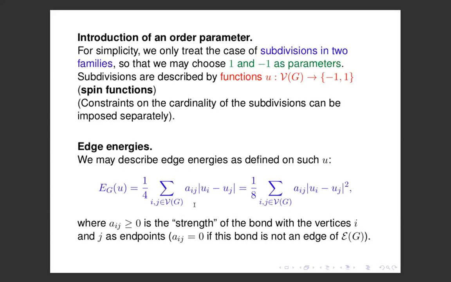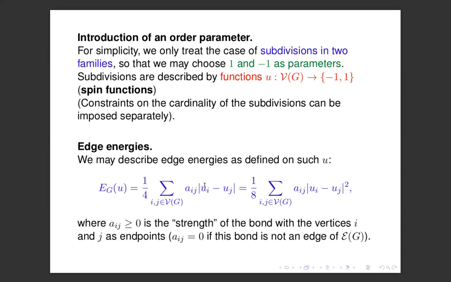So the energy can be written as a sum over all pairs of vertices. And we have a normalization factor because here ui minus uj is equal to 0 or 2 in modulus. So in the case when Aij are equal to 1 on the edges, this is just the number of edges.